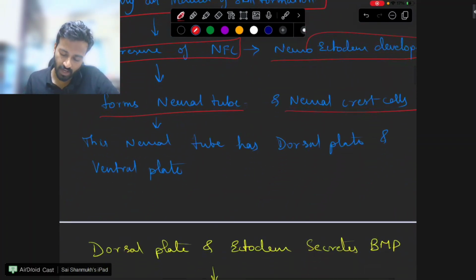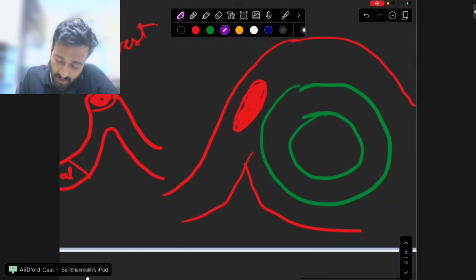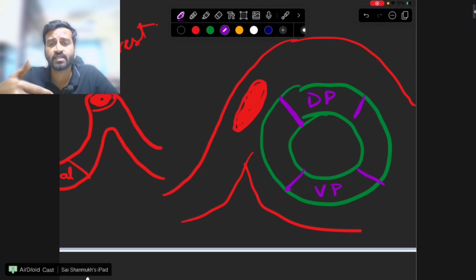This neural tube has a dorsal plate and a ventral plate. In the spinal cord, we see that the development of the sensory system is in the dorsal part of the spinal cord, and on the ventral side it is the motor.